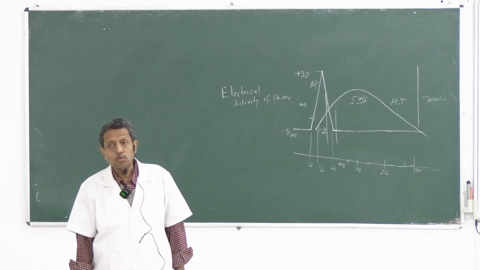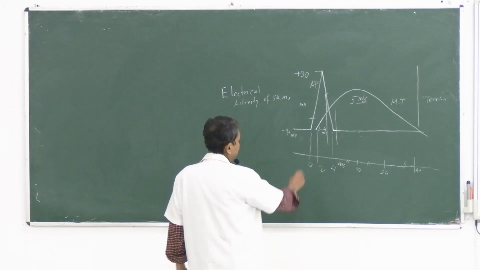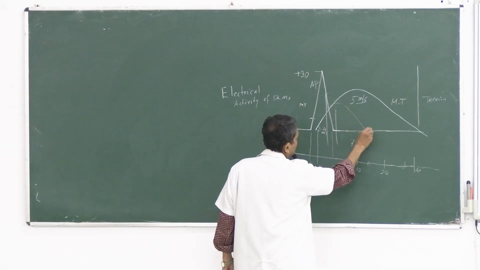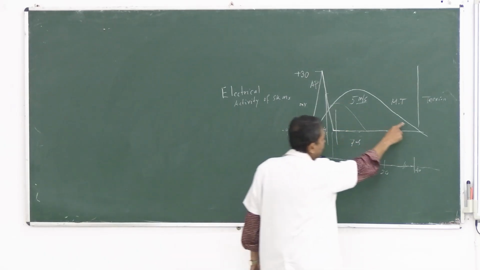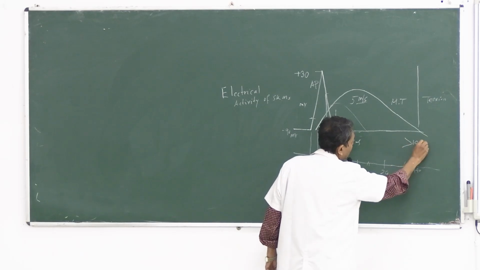In case of fast twitch muscle, fast muscle, suppose it is only 7.5 millisecond. And slow muscle is even greater, more than 100 millisecond.